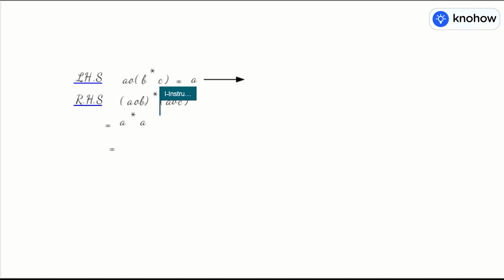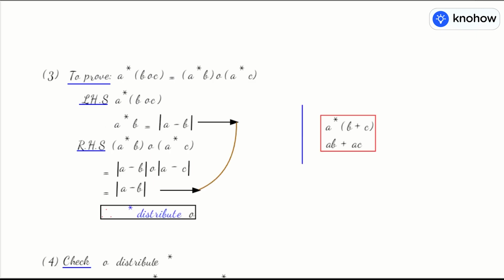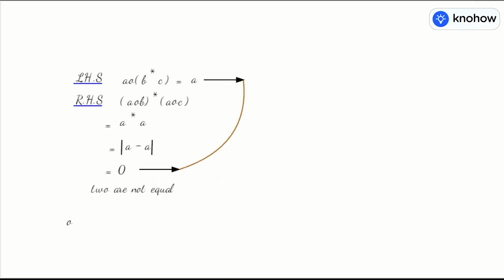A star B is modulus of A minus B, so A star A will be modulus of A minus A, that is clearly 0. So on one side you get A, on the other side you get 0. Obviously the two are not equal. So we conclude that the binary operation O does not distribute over star. So that is it.